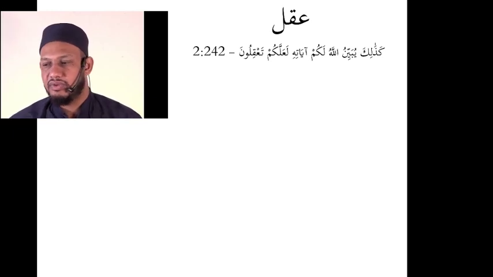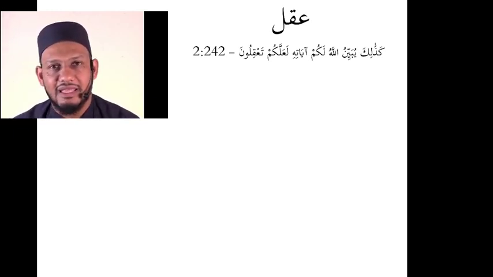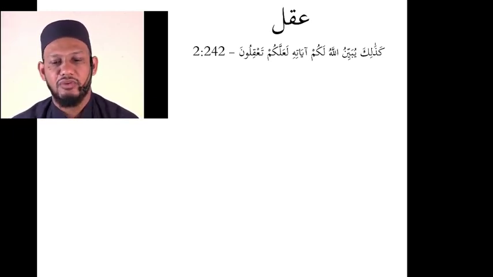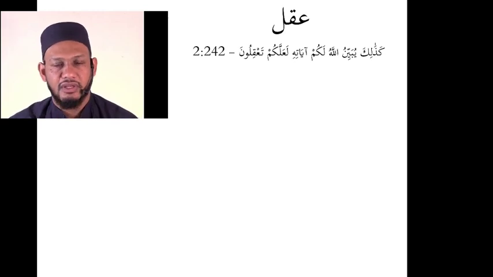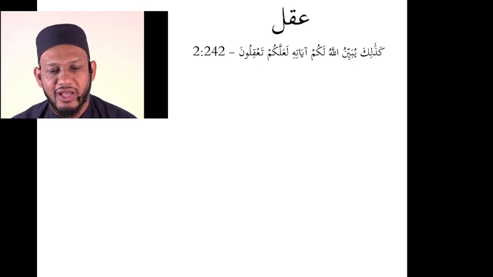Allah says in the verses, كَذَلِكَ, like that. يُبَيِّنُ اللَّهُ. يُبَيِّنُ is actually a verb, and the word Allah there is the fa'il, the doer. It was in raf. يُبَيِّنُ اللَّهُ. Allah clarifies lakum, for you, ayatihi.